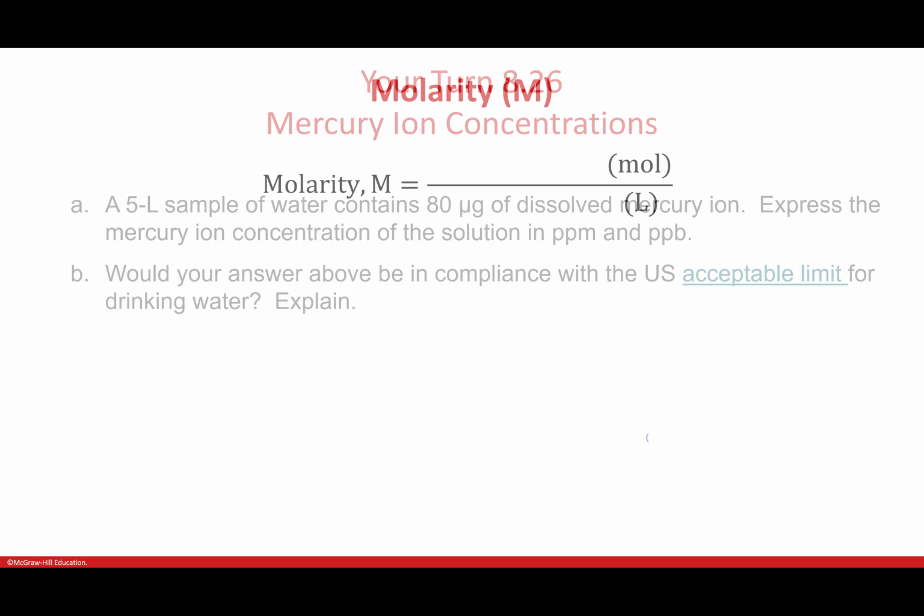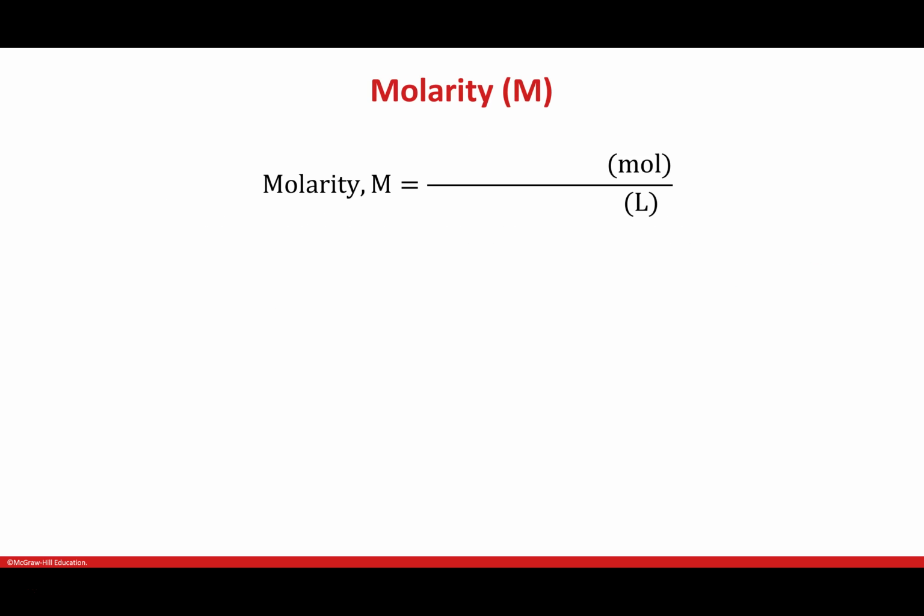Okay, what else we got? Oh, molarity. So yesterday, you guys came up with the HCO3 minus molar concentration and the Cl minus, the chloride ion concentration, in terms of molarity. It's just a way to say how concentrated the solution is, and we use it all the time. Molarity means moles of the solute per liter of the solution.